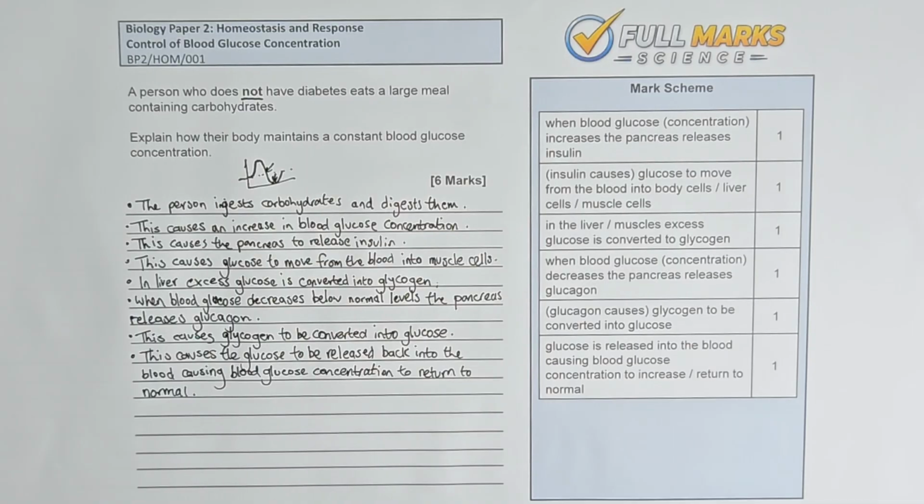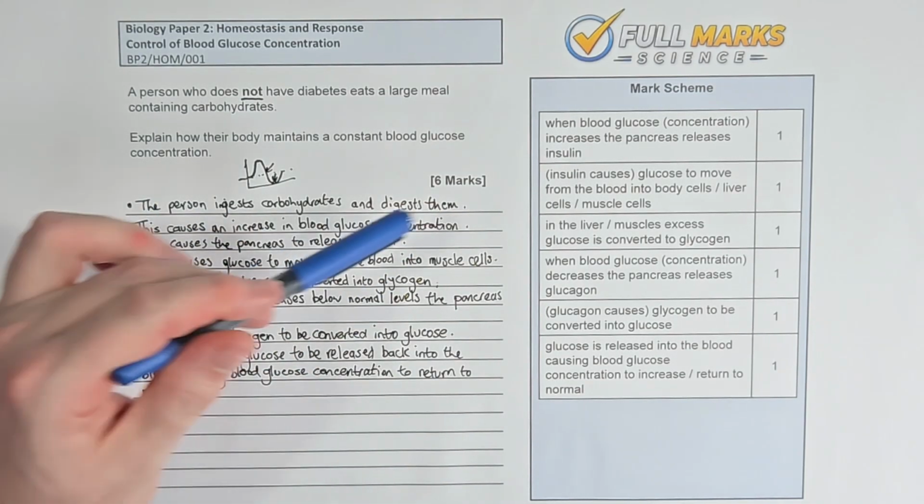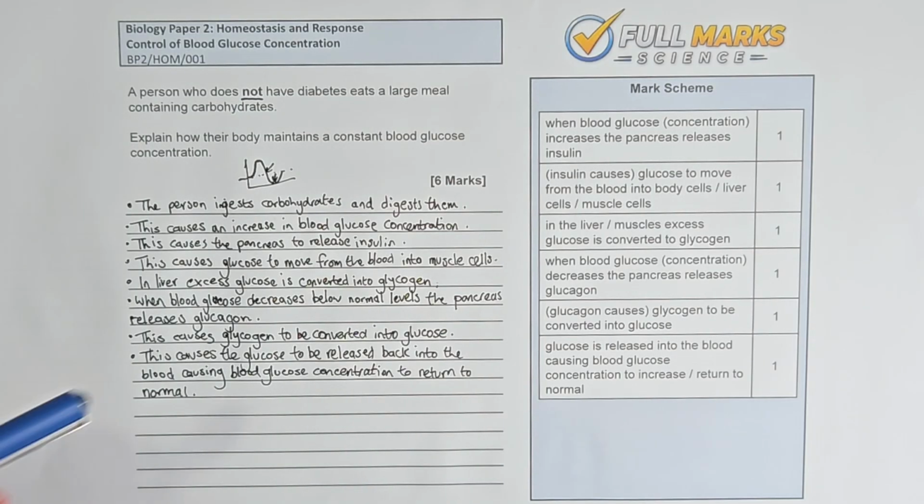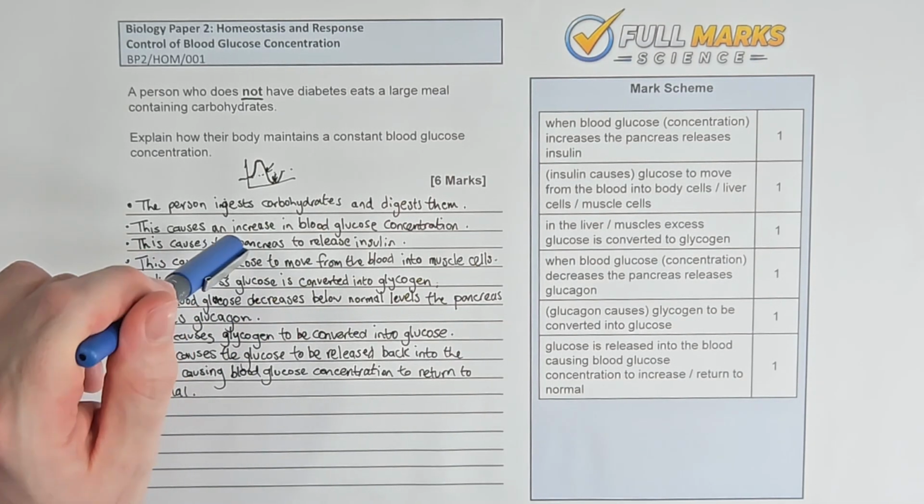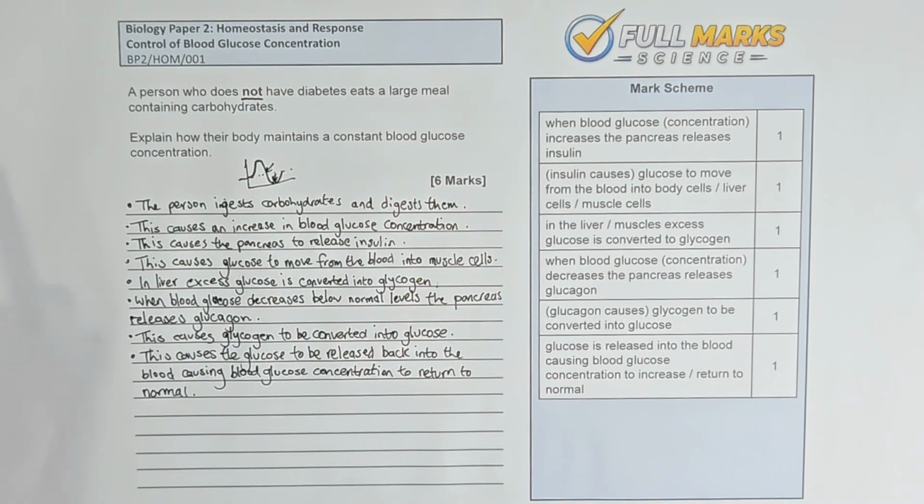Right, so we have covered every single point on our mark scheme, and just like I was saying earlier on, we have done it in sort of a journey there. So the person's eating the carbohydrates and digesting them, that is going to cause the blood glucose concentration to go up. That's going to make the pancreas release insulin. The insulin is going to make the glucose move from the blood into the muscle cells.